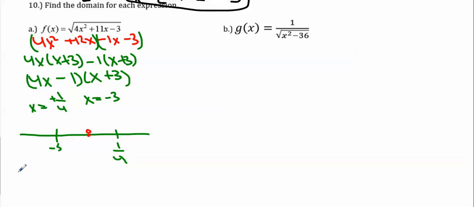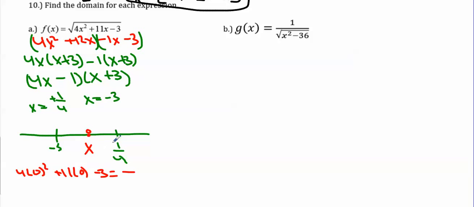I'm going to go back to my original and substitute it in. So I have 4 times 0 squared plus 11 times 0 minus 3. What we're looking for here is if it results in a positive or a negative number. I have 0 plus 0 minus 3, so that's negative 3, a negative number. That means this middle section cannot be part of my solution.